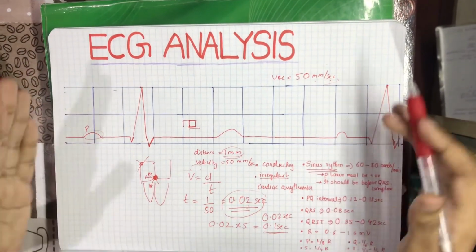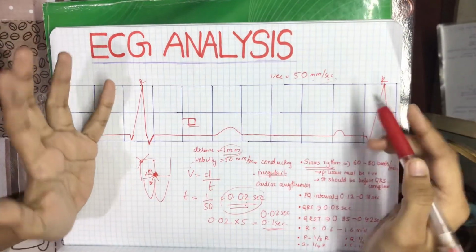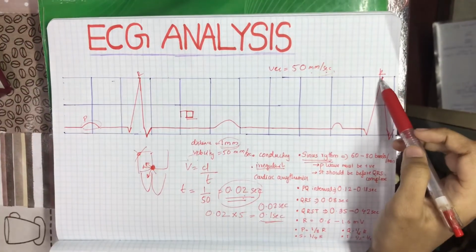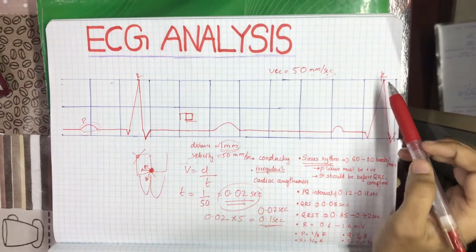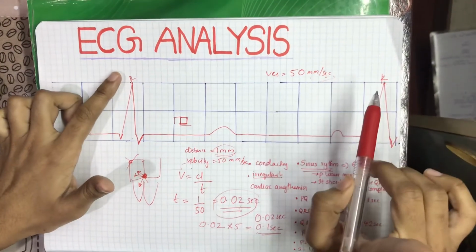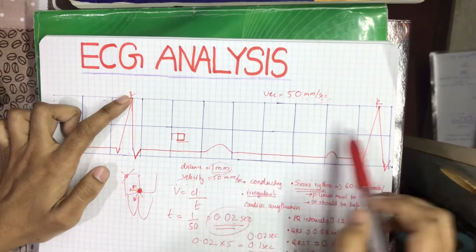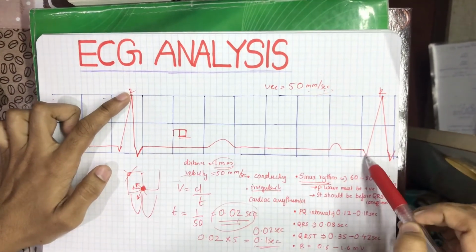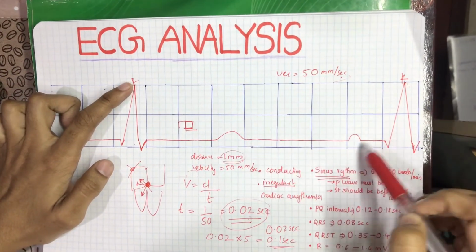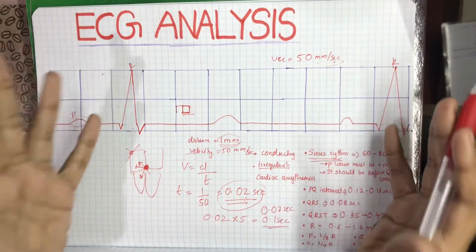So we know that this is the R wave. I told before we should know about the RR interval. It is of very much importance. One RR interval means one cardiac cycle. Here it is the R, then S, then Q, then T, then P, which implies the full cardiac cycle is present here.